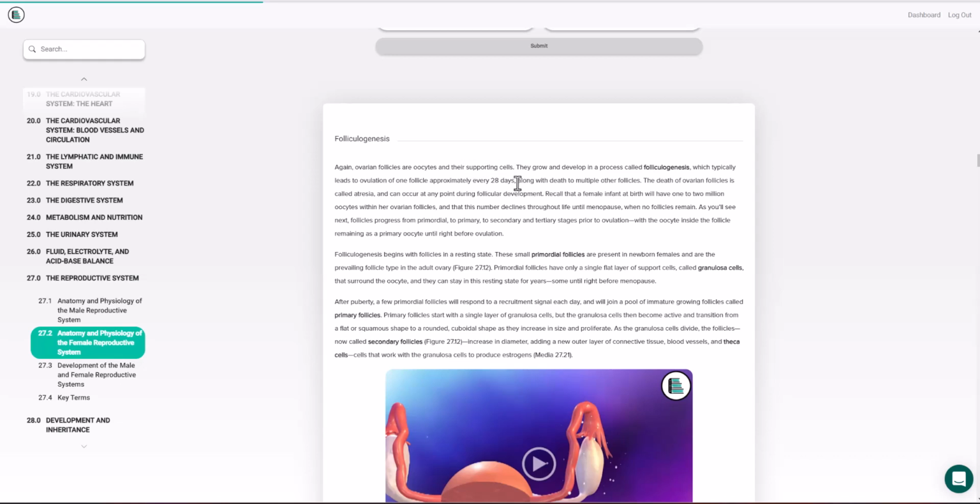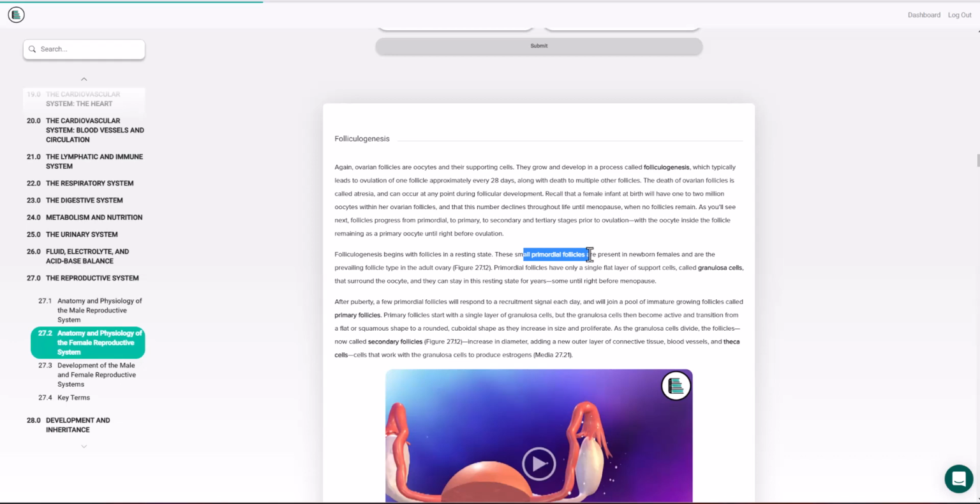Now, what happens though? Every month post-puberty, through mechanisms we really don't understand, hormones are released, and as a result, about 20 or so of these primordial follicles, these little baby eggs, wake up every month and begin to develop.